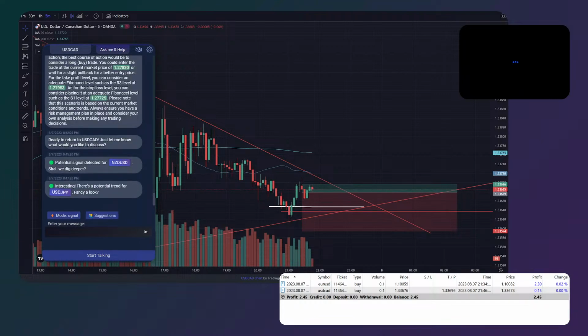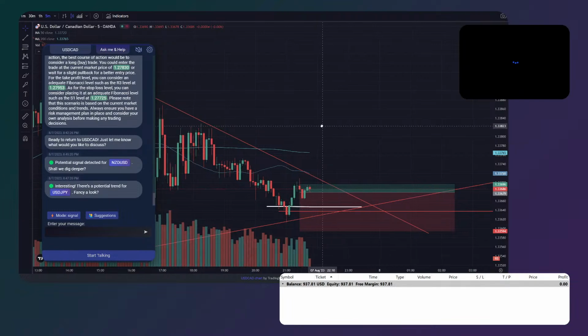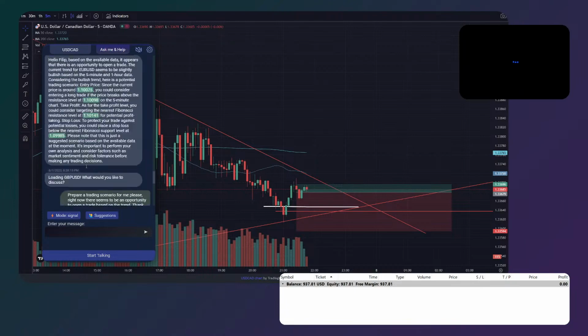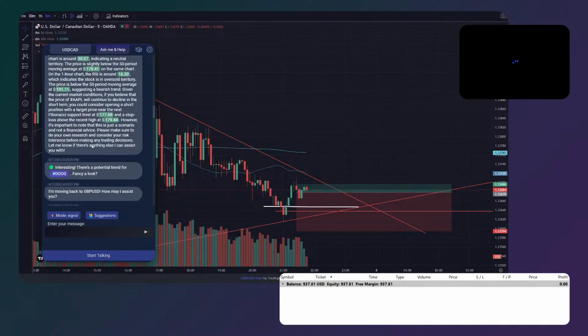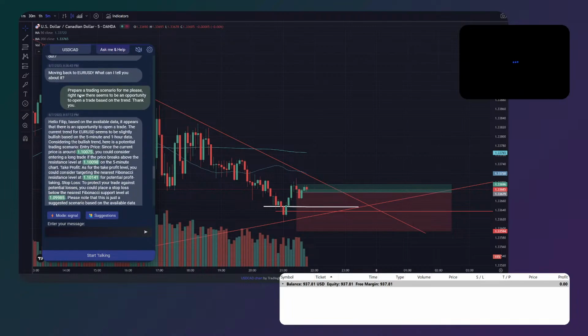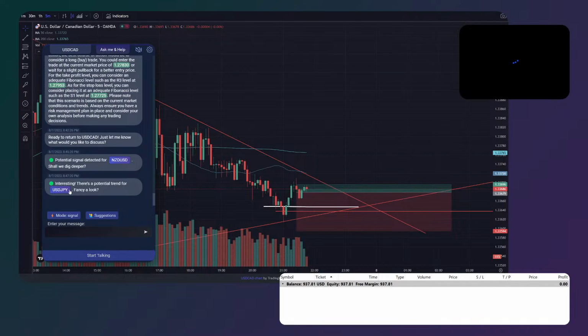When you have the information and the tools, you can make really good decisions. As you can see, we've generated many signals now, like 12 signals.